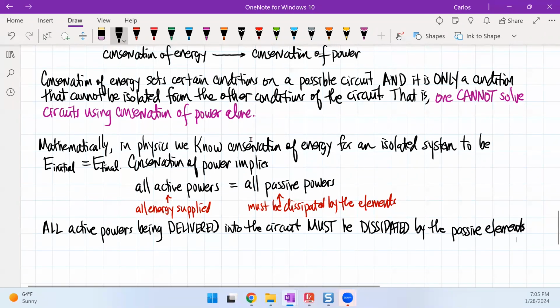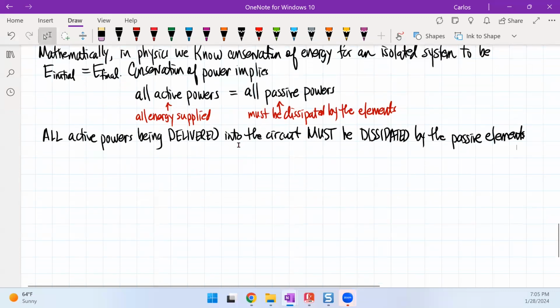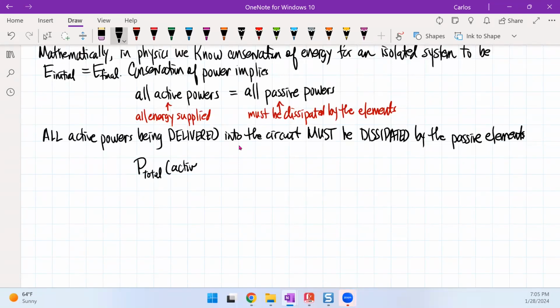That's huge. So in other words, we write it this way, that the total power of the active elements must equal the total power of the passive elements. All of the energy or power being delivered must be absorbed or dissipated by these guys.